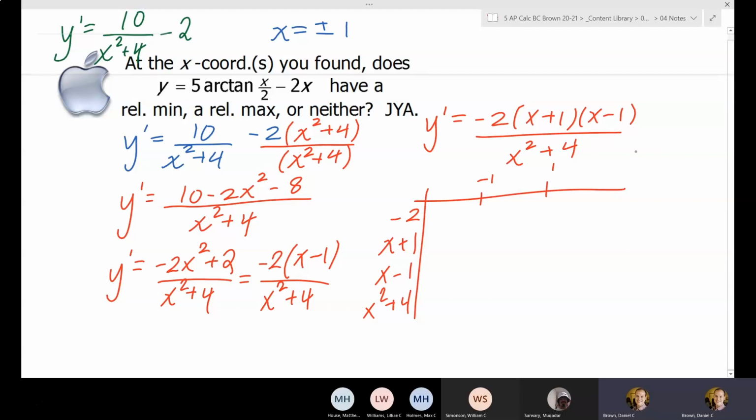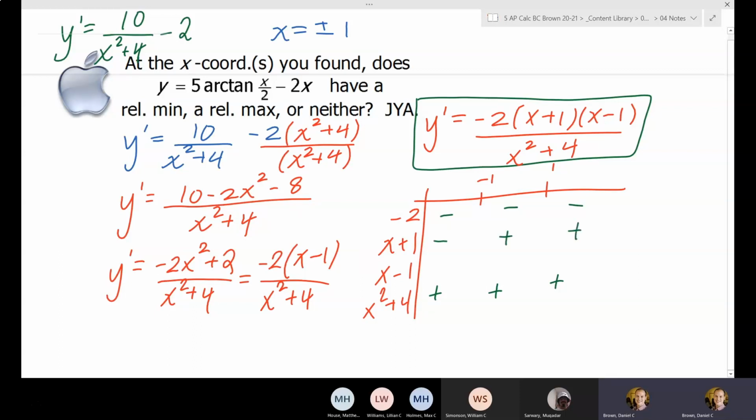If I had simplified it first, it's almost even more obvious where the horizontal tangents are, because we can see in the numerator that we clearly have horizontal tangents at -1 and +1. But looking at my sign chart, -2 is always negative. If I square something and add 4 to it, it's always positive. For x squared plus 1, anything you plug in that's less than -1 will be negative.